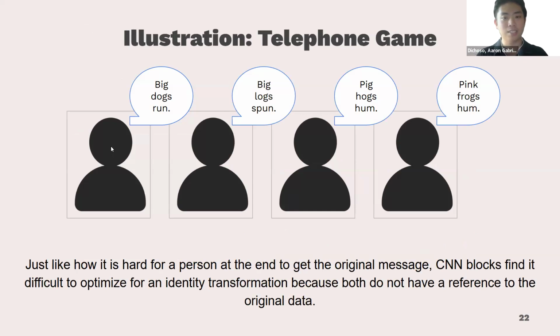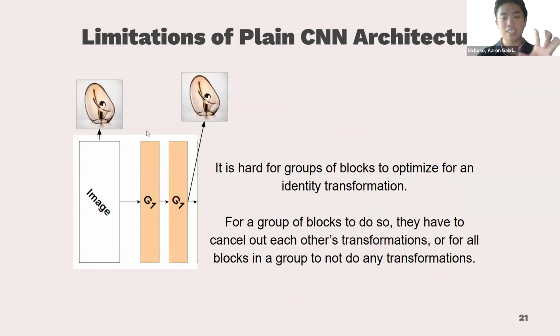You can think of the people as the blocks inside the group, and the message as the data that is being passed along. When you pass along the data through these people, sometimes the message changes. That is really hard for a CNN architecture to do as well, which is to keep the original message along the network.